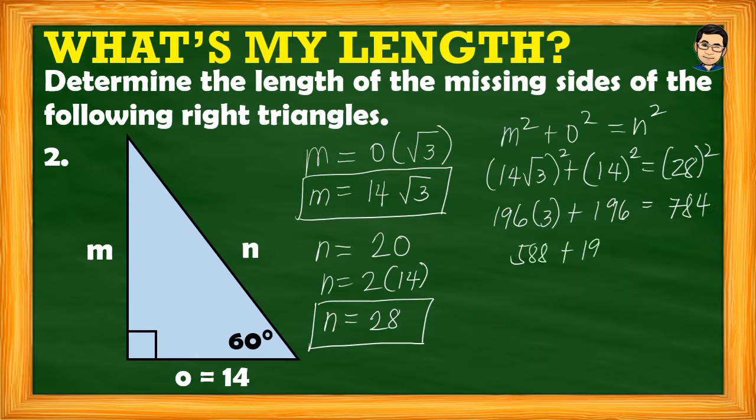Plus 196. So, kapag in-add natin yung 588 tsaka 196, we'll get 784. And that is equal to 784. This means that yung nakuha nating mga sagot, M and N are both correct.